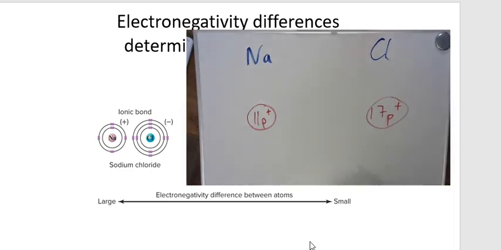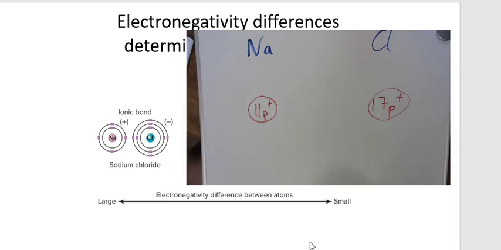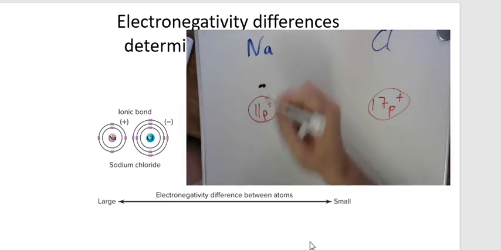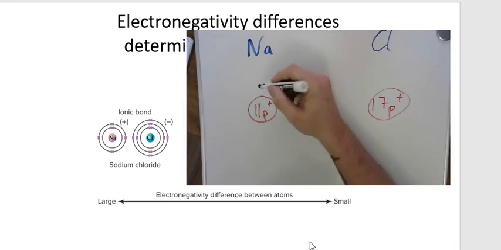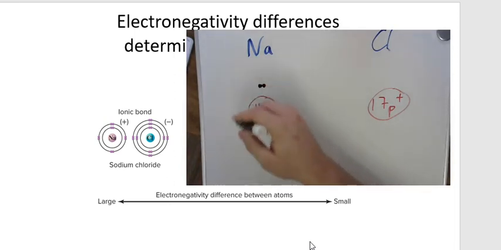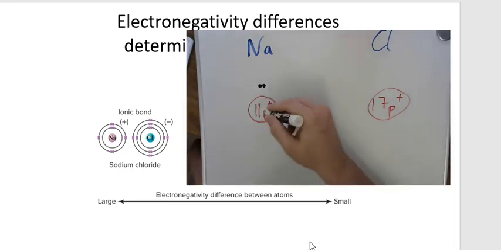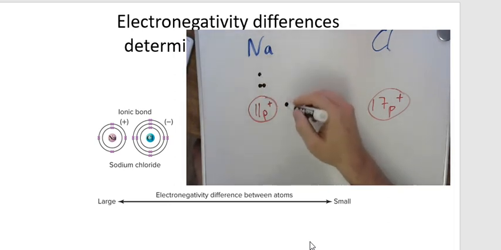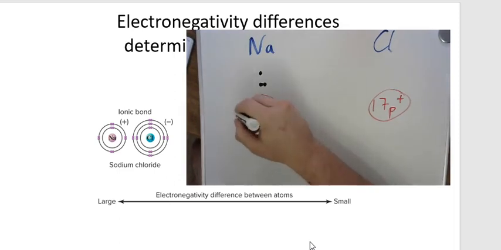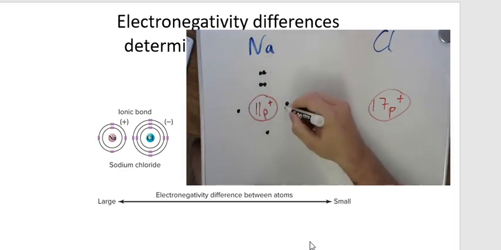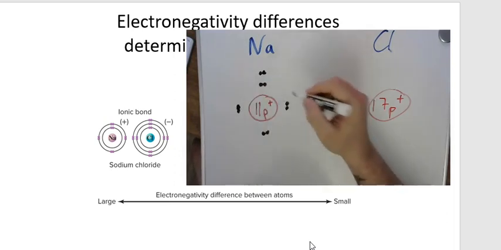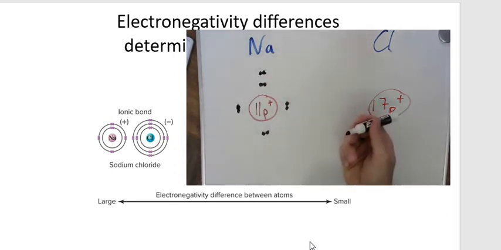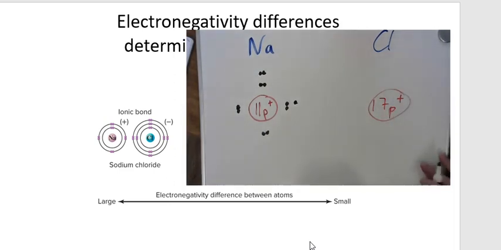So now what's happening to the electrons in those cases? If you focus on the electrons, Na will have 2 on the first, and I'm going a little bit faster than I used in the past, but you are welcome to draw the shells in dotted lines, make the empty vacancies, and then fill them in one by one. But with 11, I'm doing it at once. I'm still going to go clockwise. 2, 3, 4, 5, 6, 7, 8, 9, 10, and we're going to put that one here just to face the atom of chlorine.